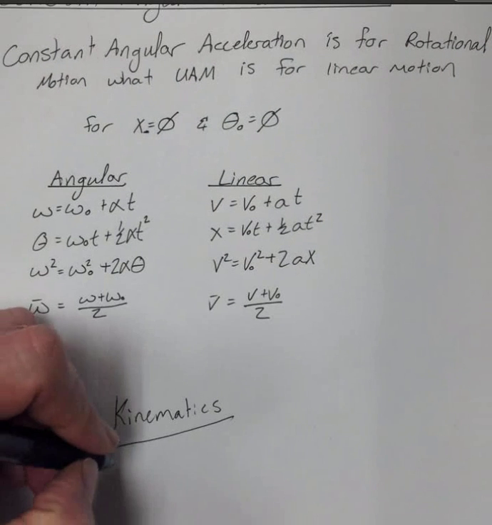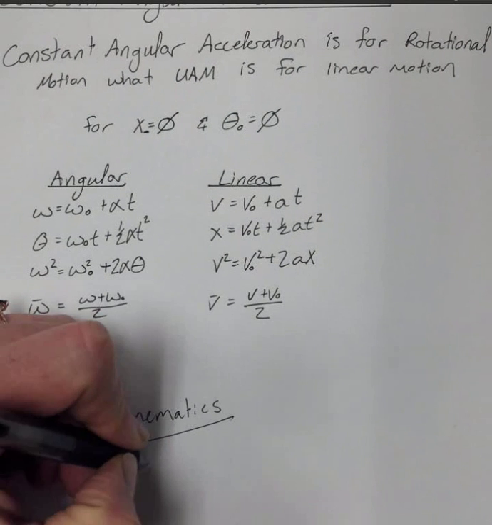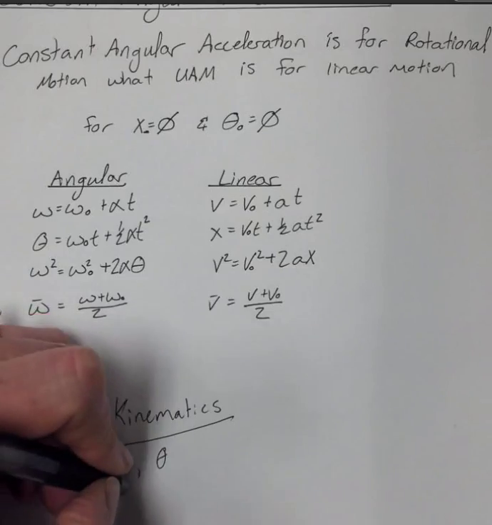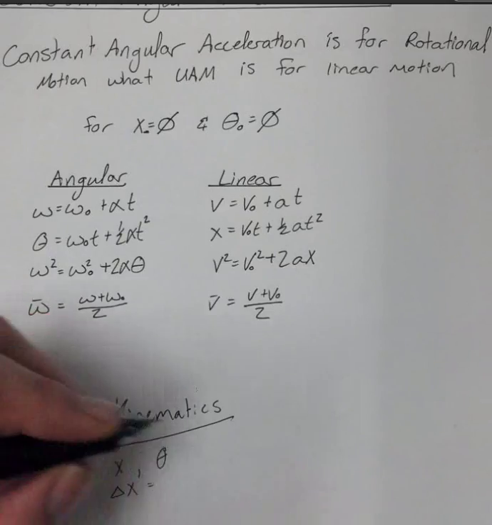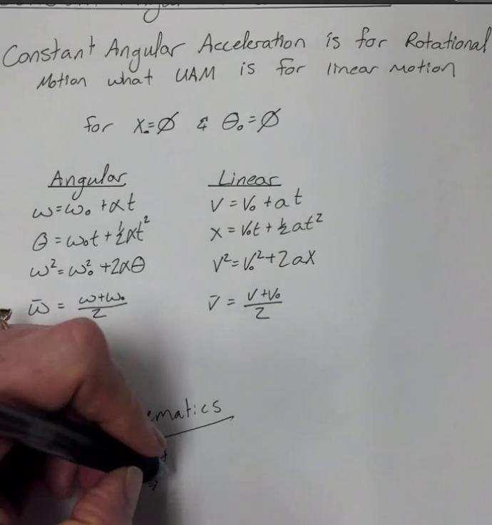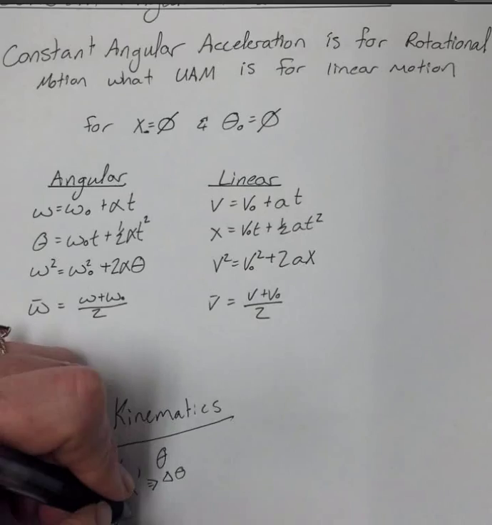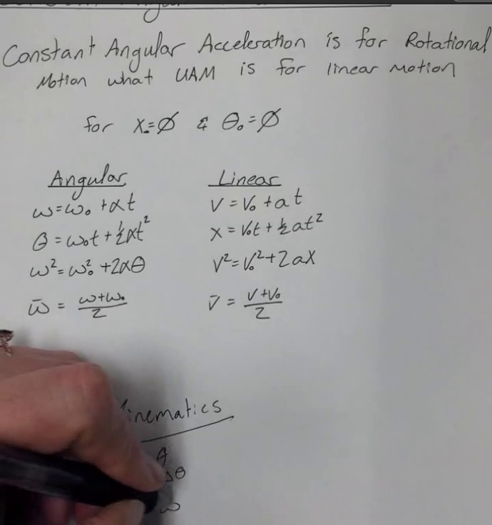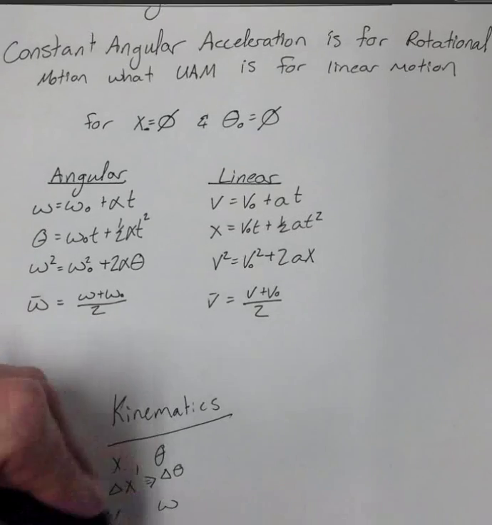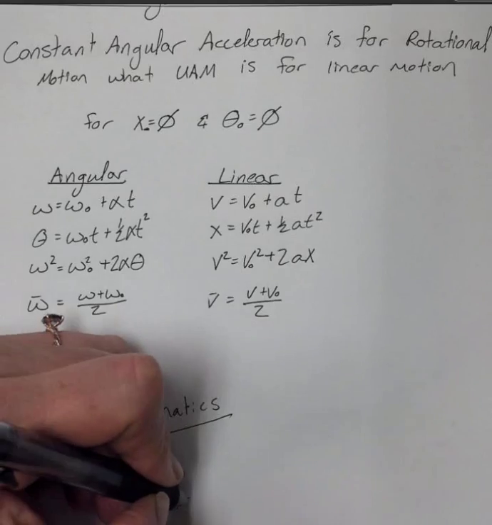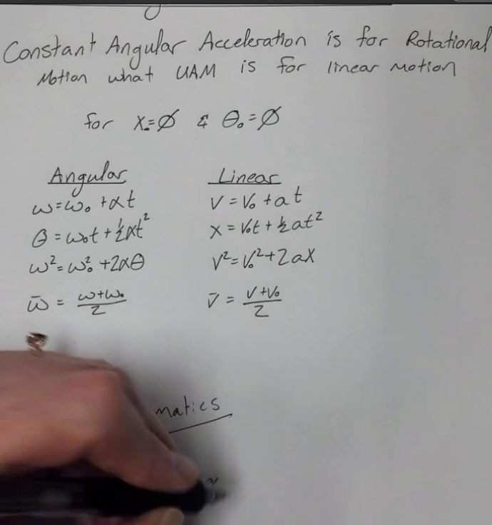So we describe x as theta, so delta x is analogous to delta theta, and v is analogous to omega. So here v equals delta x over delta t, omega equals delta theta over delta t.